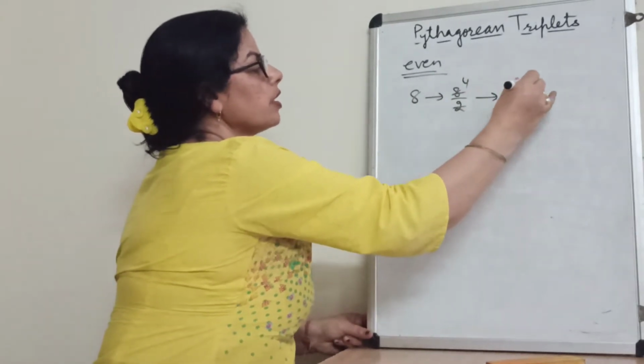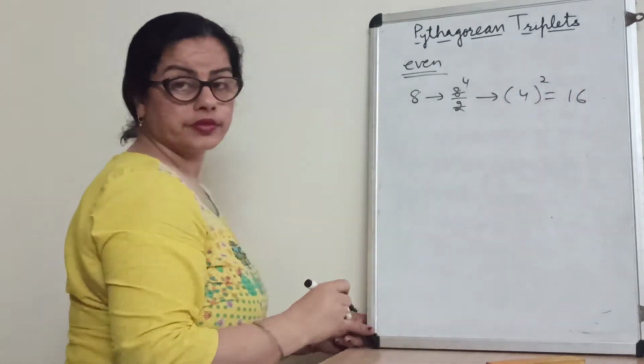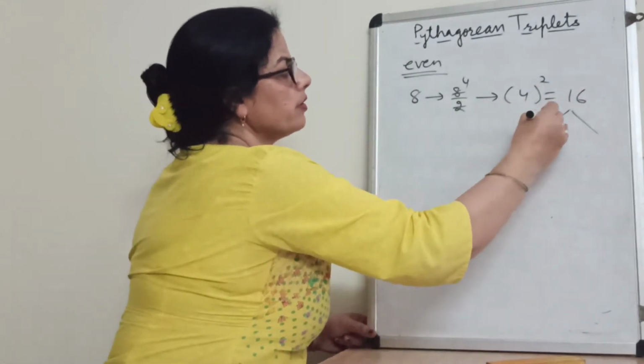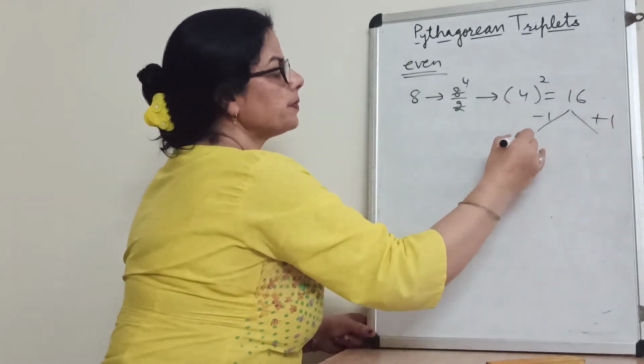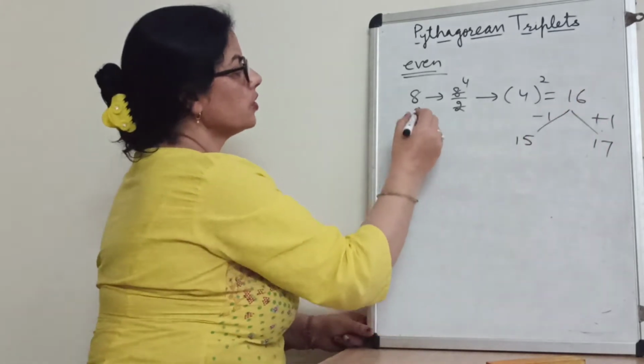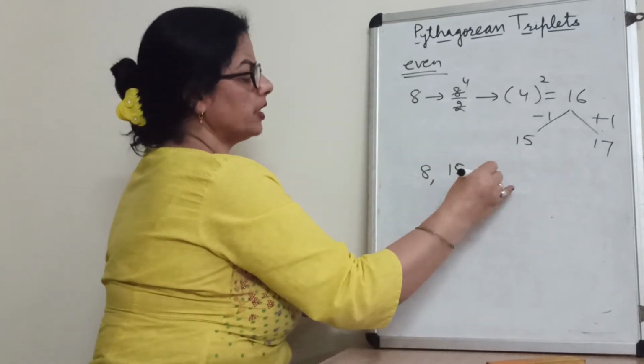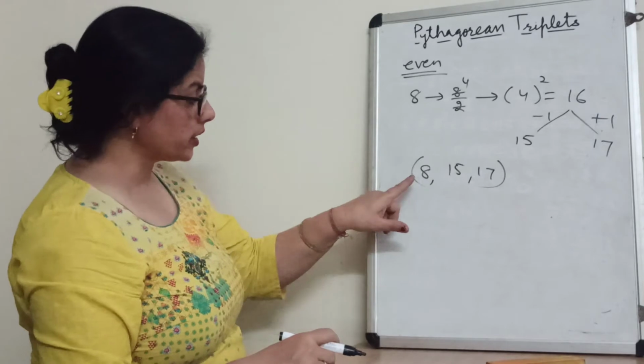And now take the square of this number which you got, and that is 16. Now subtract 1 and add 1. If you subtract 1 you get 15, and if you add 1 to 16, then 17. So 8, 15, 17 will be a Pythagorean triplet. You can check also.